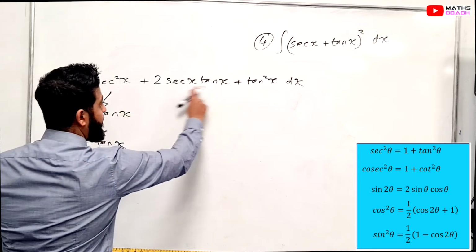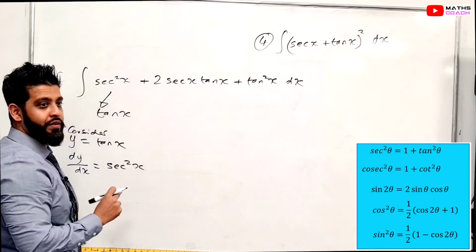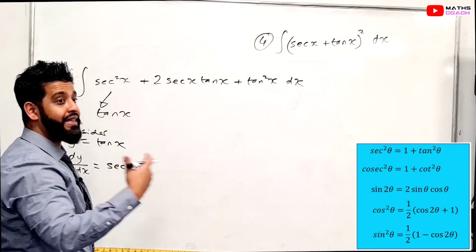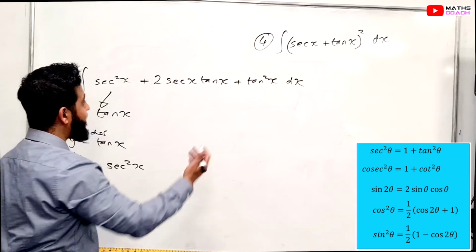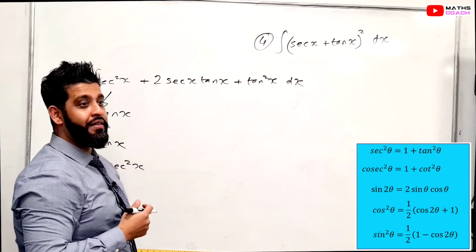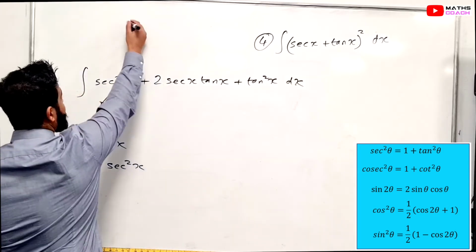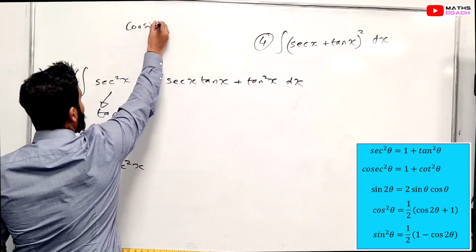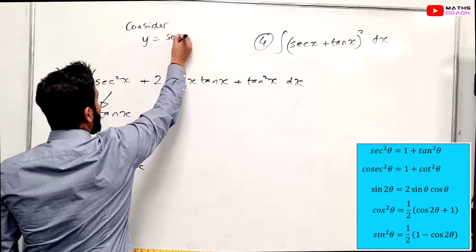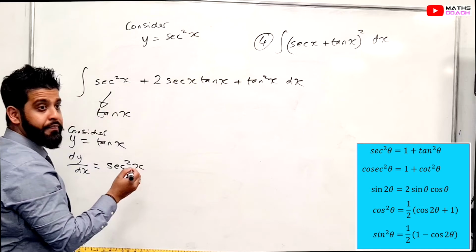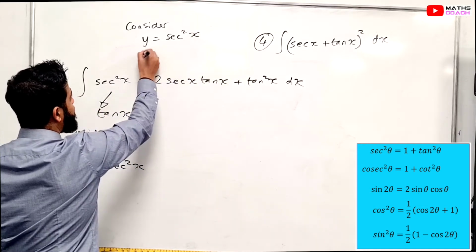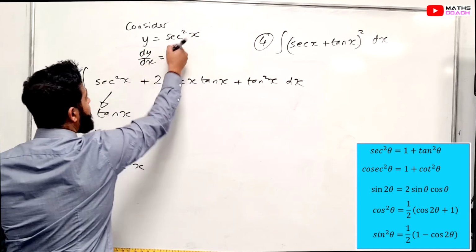Moving on to this one. What does this remind you of? What does it come from? Sec tan. What can we consider from sec tan? Sec itself, right? So let's do that up there. So we can consider y is equal to sec squared x, right? So when you do this, you do dy over dx using your chain rule. Pull that 2 down.